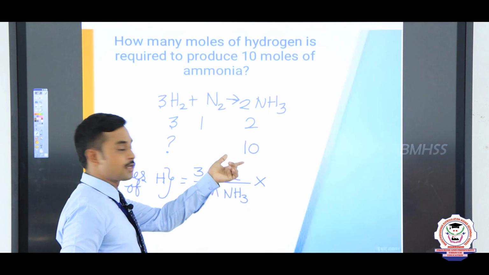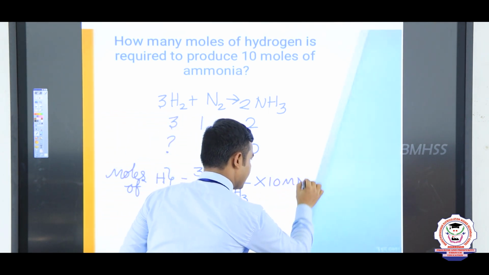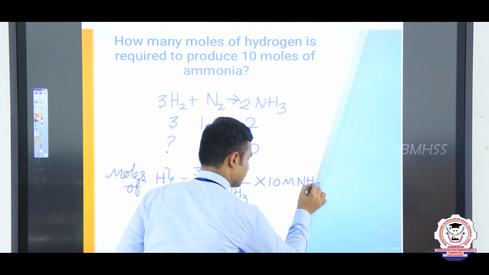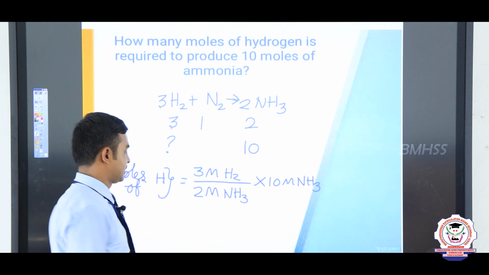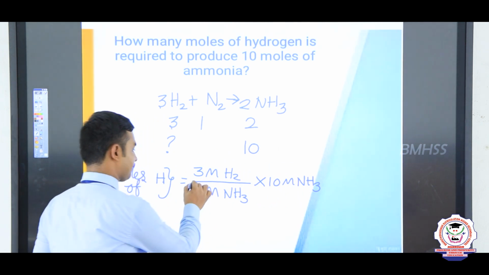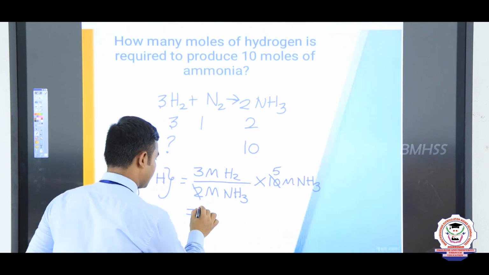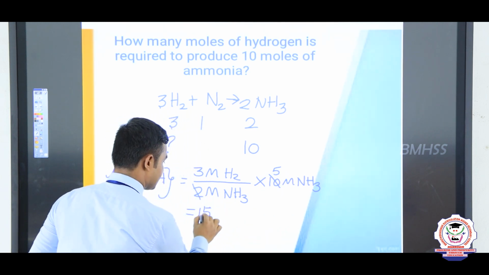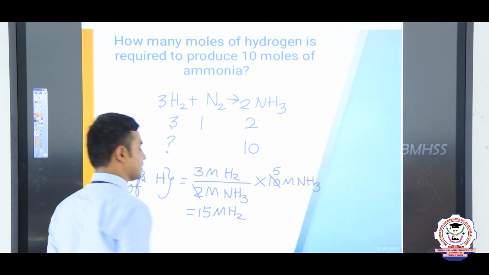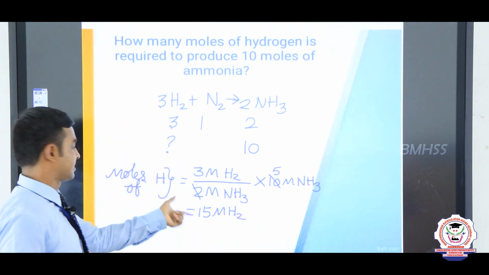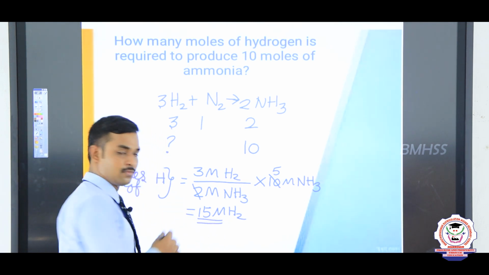We need to produce 10 moles of ammonia. So 10 moles of ammonia require how many moles of hydrogen? This is how we write the question. After that, you can see 1 twos are 2, 5 twos are 10. So 3 into 5, the answer is 15 moles of hydrogen required in this reaction. So the answer is 15 moles.